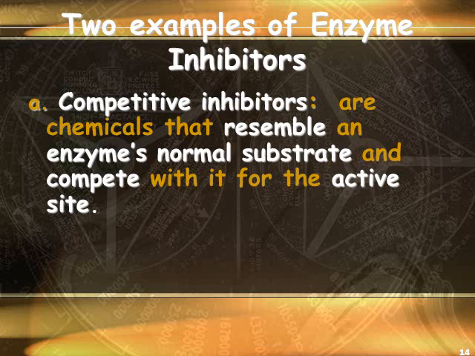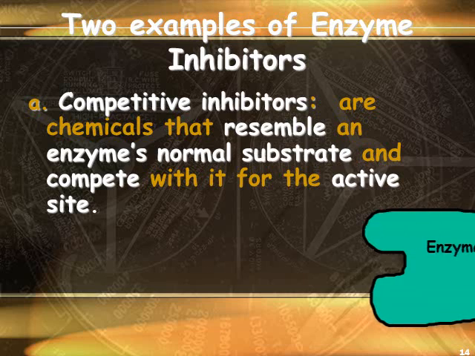So if we don't have much substrate, then the reactions can be catalyzed quite merrily along. If we had a competitive inhibitor or any kind of inhibitor, something that was stopping the enzyme from working, no matter how much substrate we have, we still won't be able to carry out those reactions. So concentration of both of these things is key to how many reactions are going to be occurring.